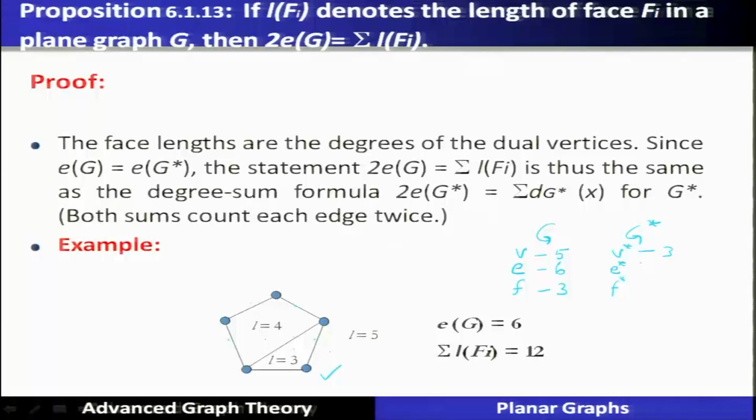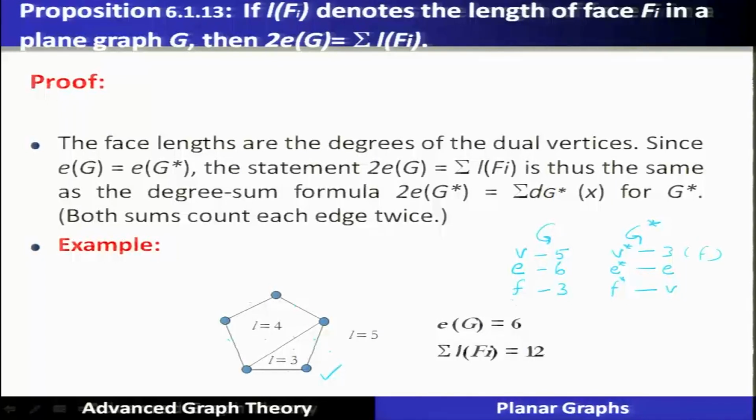So the dual will have 3 vertices, which is nothing but f of G. So edges are the same as E, that means 6 in this particular case, and the number of faces of the dual is the same as the number of vertices.